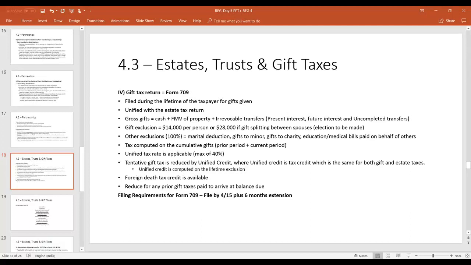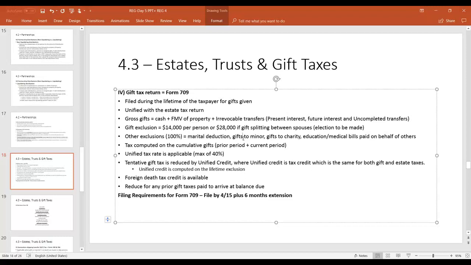Gifts to minors, my children, for their upkeep. Actually, I should not specifically say gifts to minors, but these are gifts for the general upkeep of the children's life, which is basically paying for their education or clothing or anything. These are 100% excluded. Any gifts that I make to charitable organizations don't come into here.